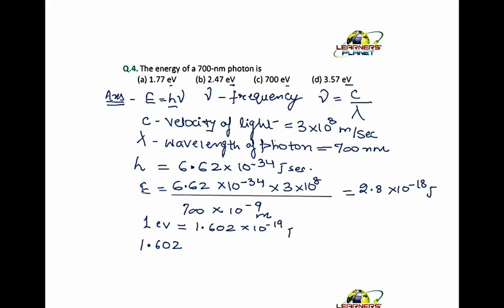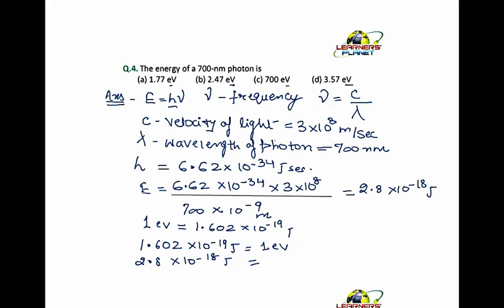So 2.8 into 10 to the power minus 18 joule will be equal to, I think this should be 19 only.